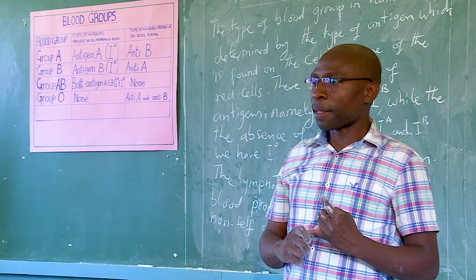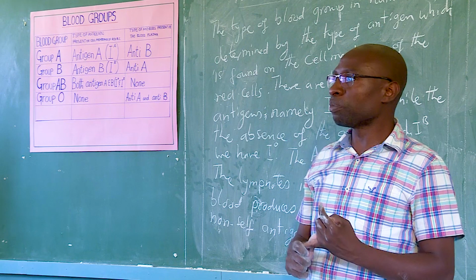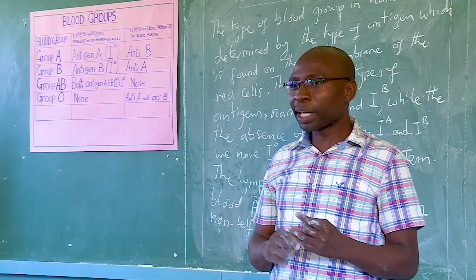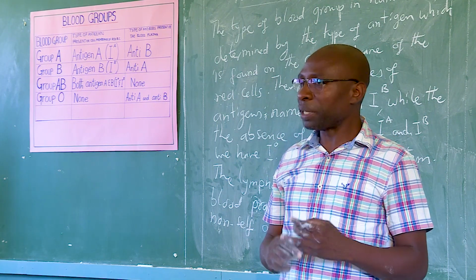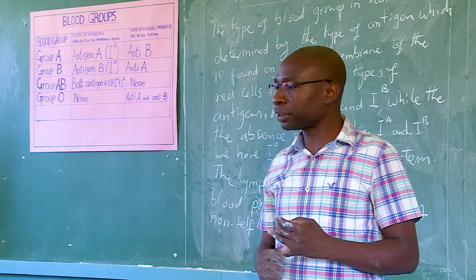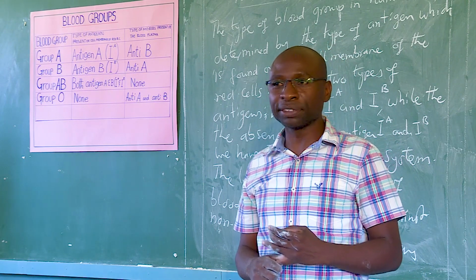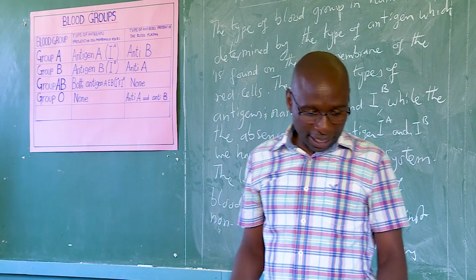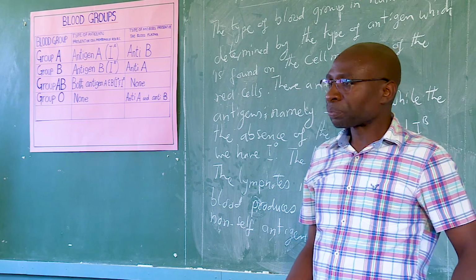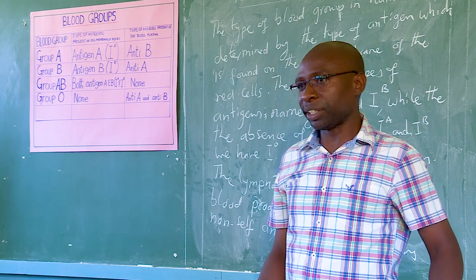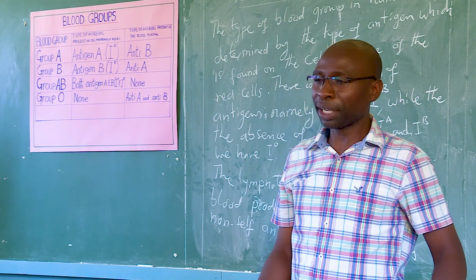One, through accident, especially a road accident, or working in a workshop, they cut themselves, they can lose blood, especially if they did not receive first aid. Then the other one is when they have an infection or a disease.